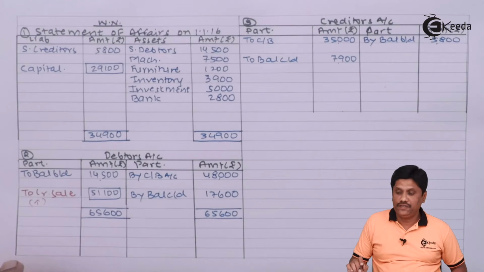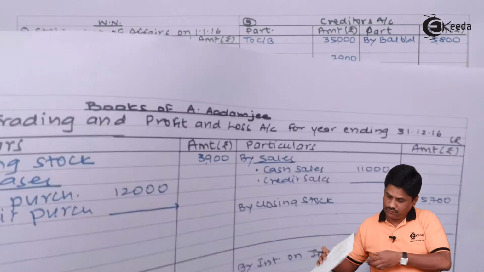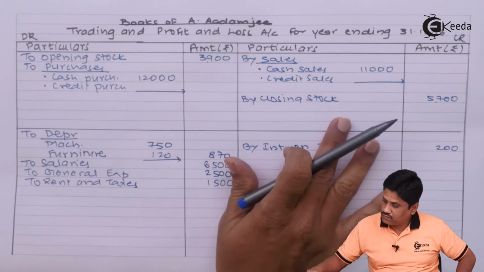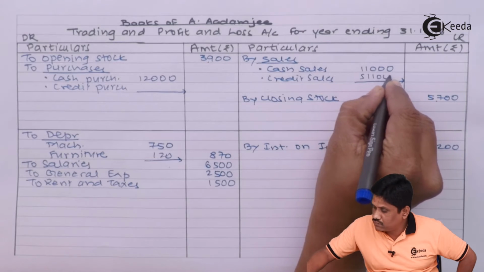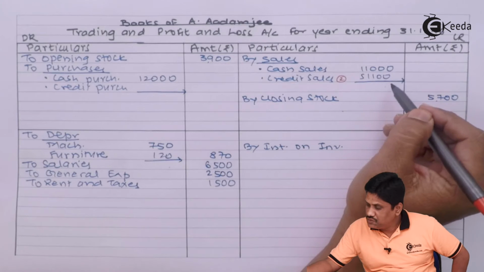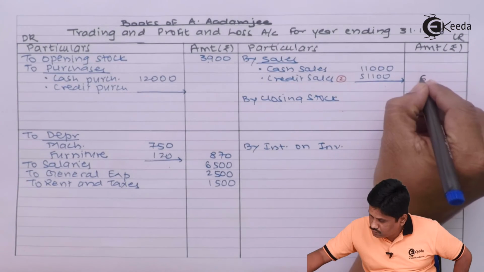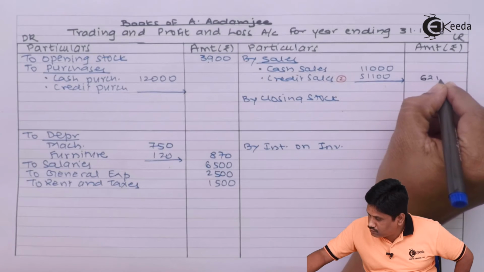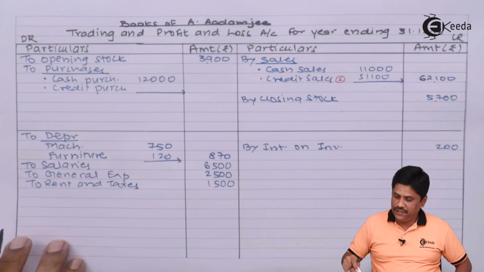What has happened in debtors, sir? Increase. So credit sales I will also note down in my trading account. If I total these two, I will get total of my sales 60,100. We have closed our debtors and we have got credit sales.